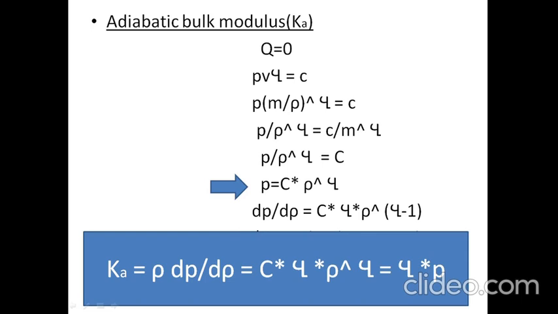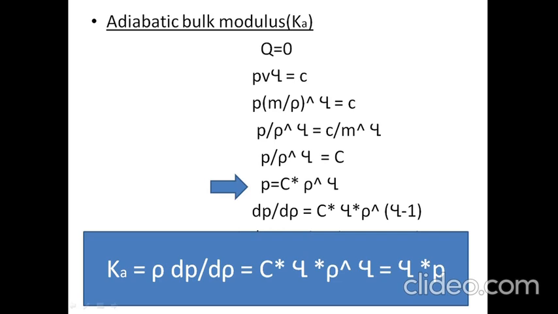P upon rho to the power gamma is equal to capital C, because mass is constant, so the right hand side becomes capital C. So P is equal to capital C multiplied with rho to the power gamma. Differentiate pressure with respect to density, so we get dP upon d rho is equal to C into gamma into rho to the power gamma minus 1.